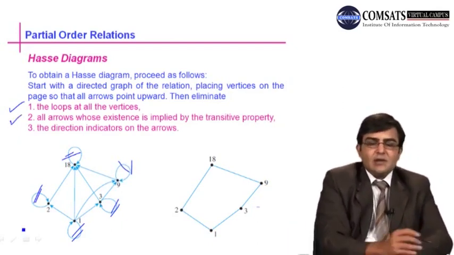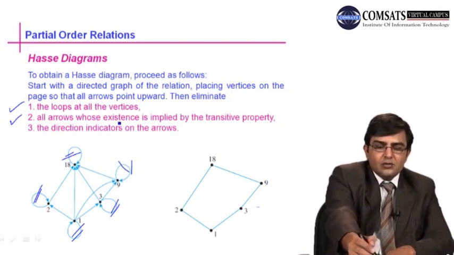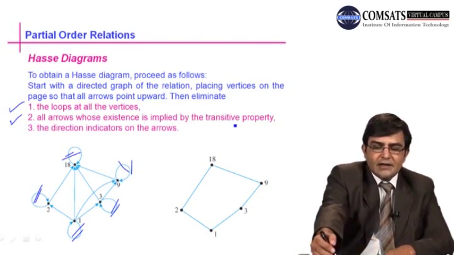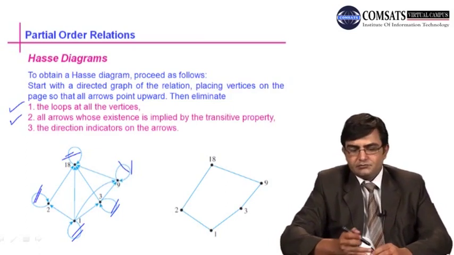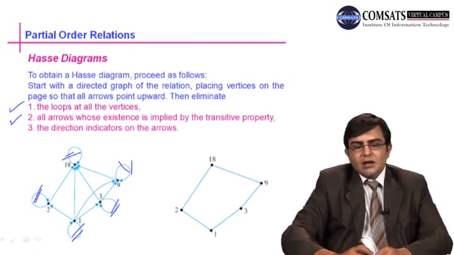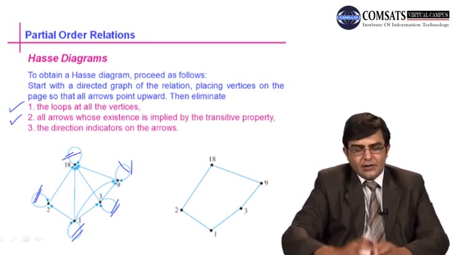Then the next step is remove all arrows whose existence is implied by the transitive property. Basically you remove all arrows which show the transitive property.